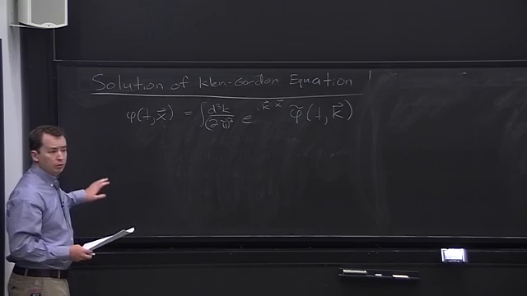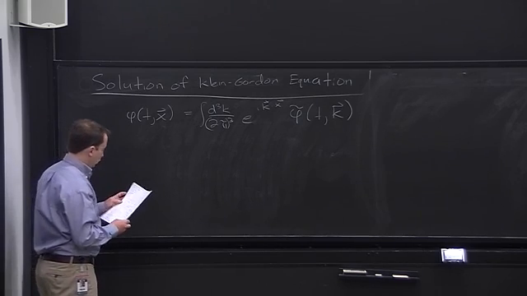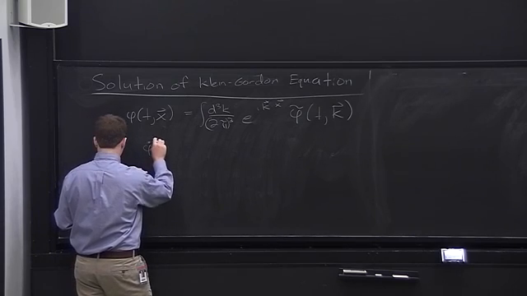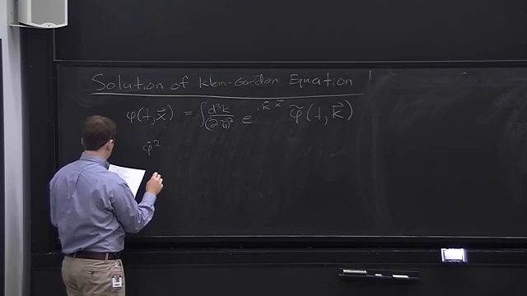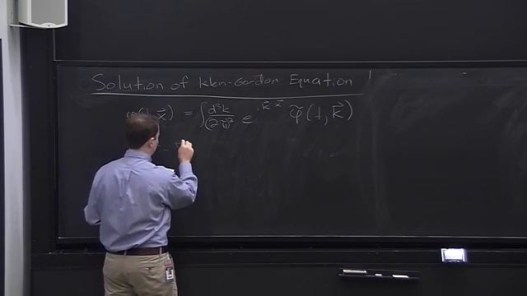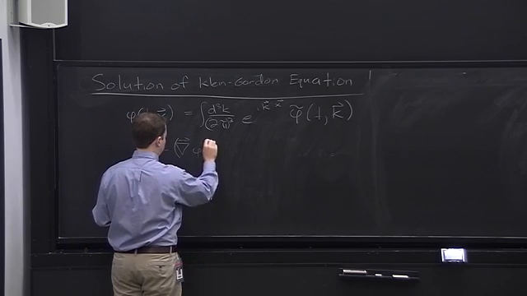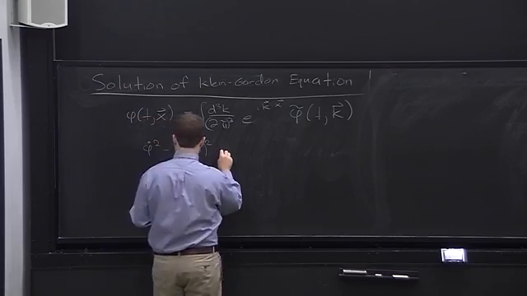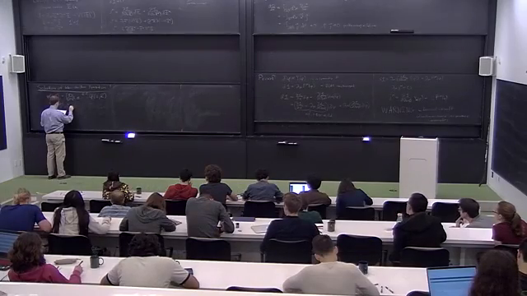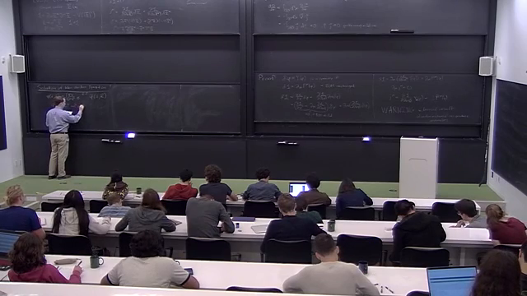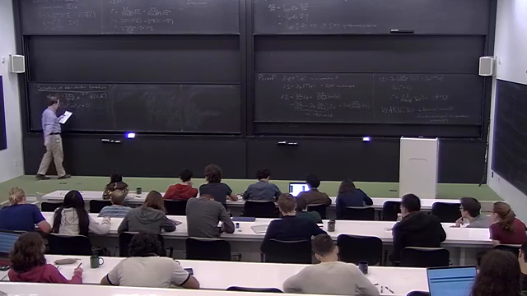And remember, the Klein-Gordon equation that we were trying to solve, written out in terms of components, is phi double dot minus the gradient of phi squared plus m squared phi equals 0.